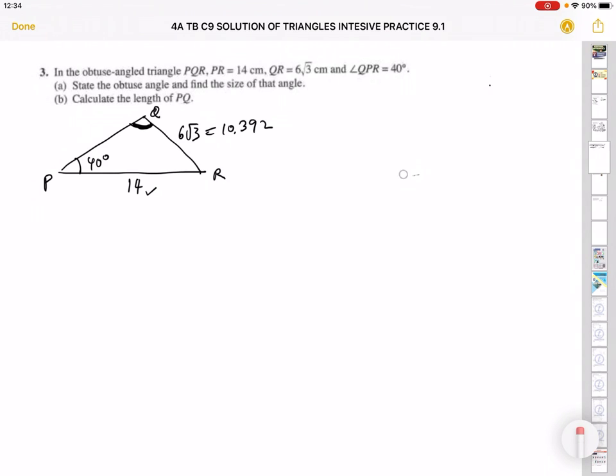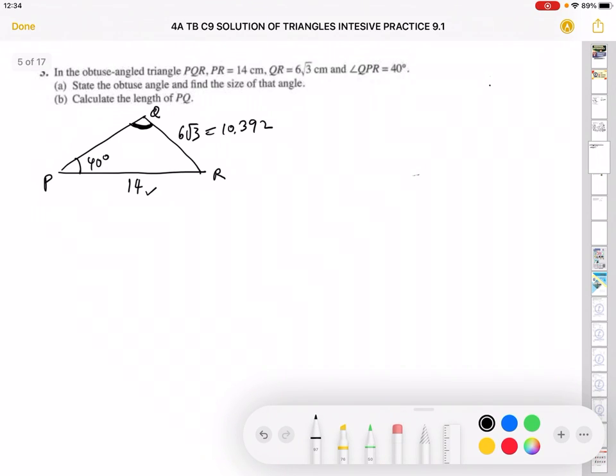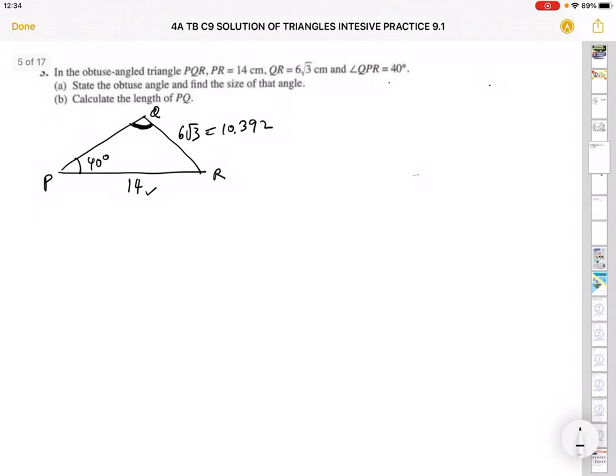To state the obtuse angle, we know since PR is the longest here, the corresponding angle PQR will be the obtuse angle. We're supposed to find the angle, so I can use the sine rule: sin PQR divided by opposite length 14, sin 40, opposite length, I'll just use the given answer.